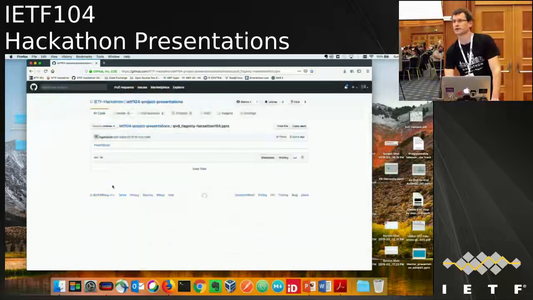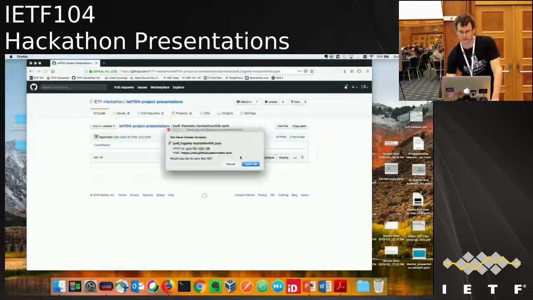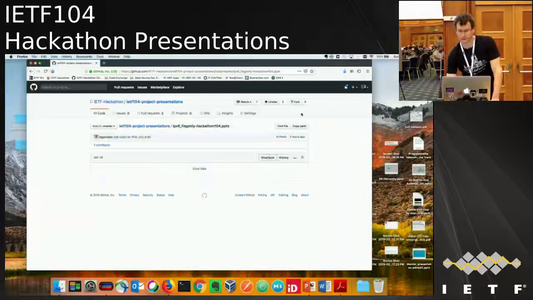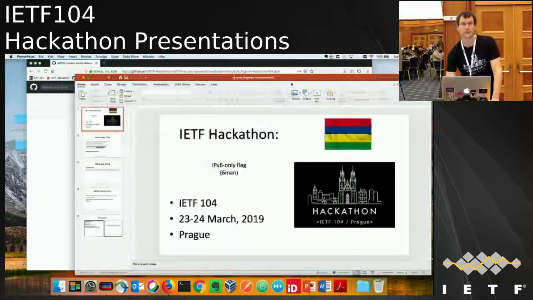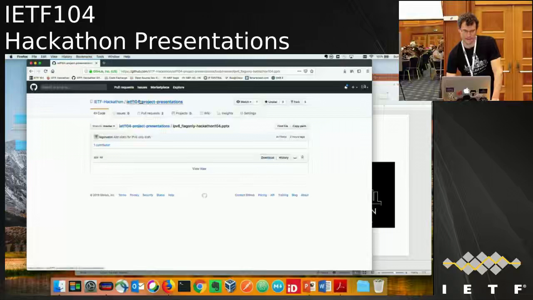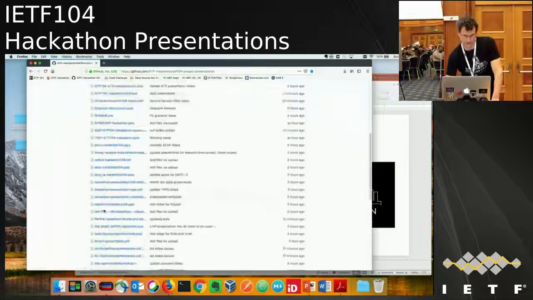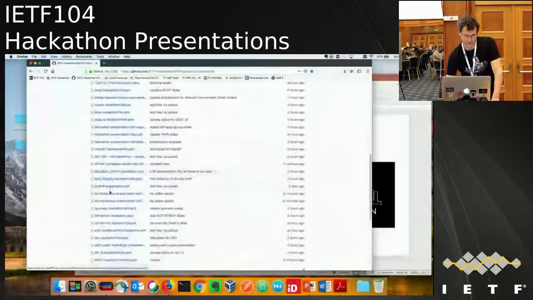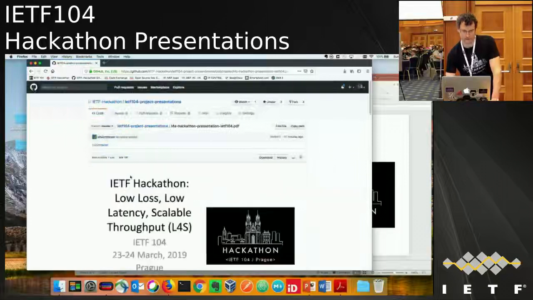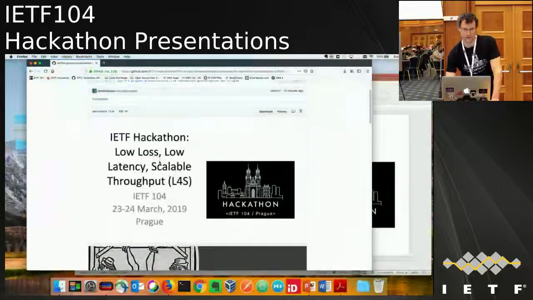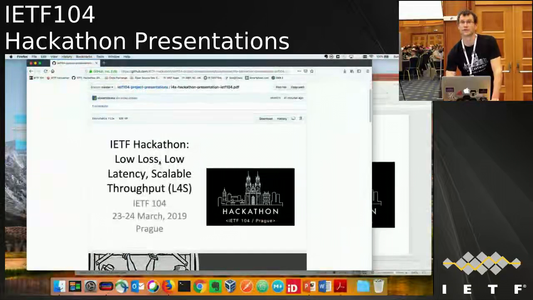IPv6 flag only. Oh, wow, okay. Okay, how about this one?